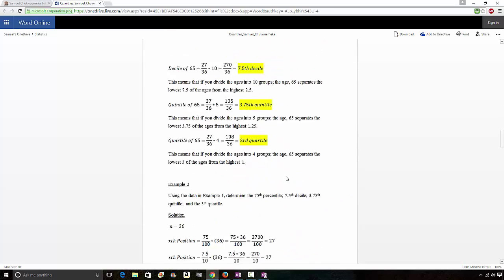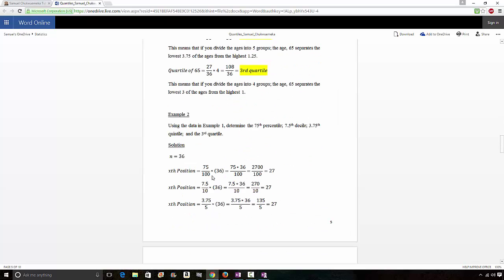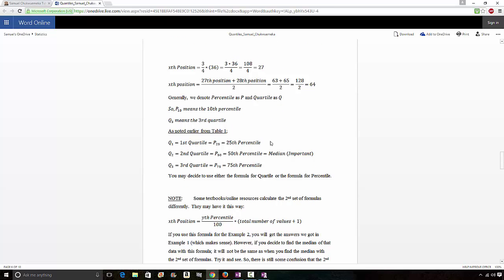So you look at the 27th position here. This is 26. 27th position is 63. And 28th position is 65. See that? This is 26. 27th position, 63. 28th position, 65. When you do that and divide by 2, it gives you 64.